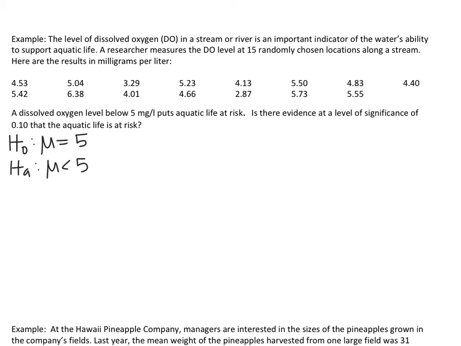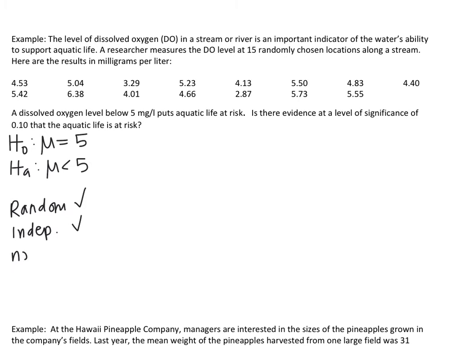So random, independent, and normal. So I'm going to write these out. So is it random? And the answer is yes. We are choosing the 15 random locations. Is it independent? And again, yes.